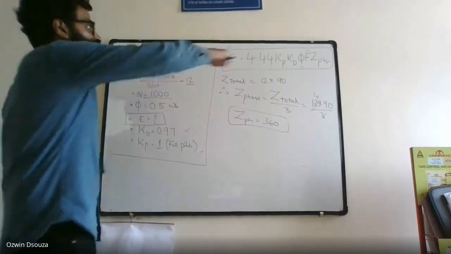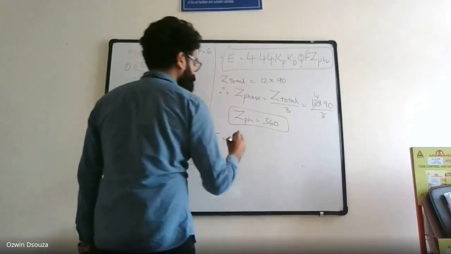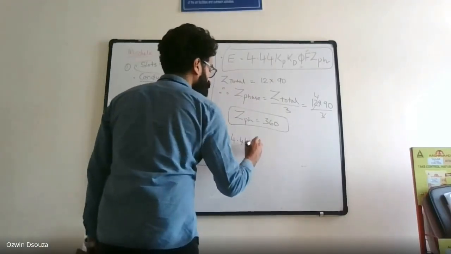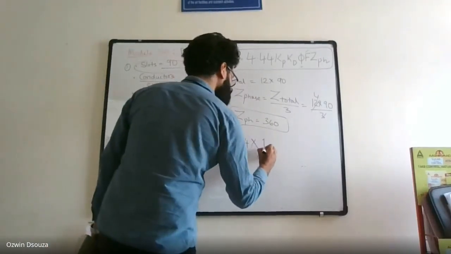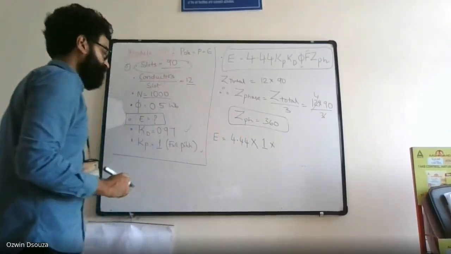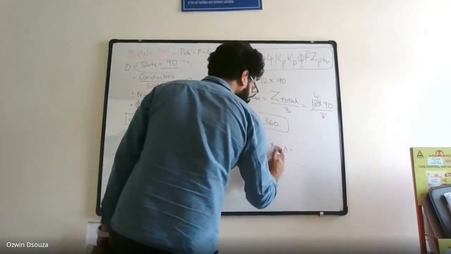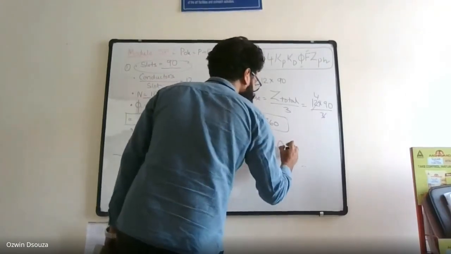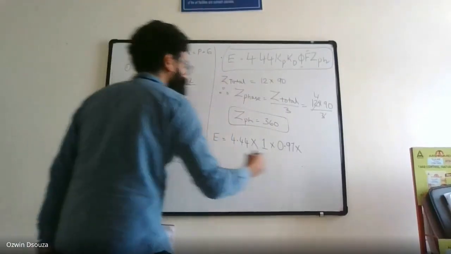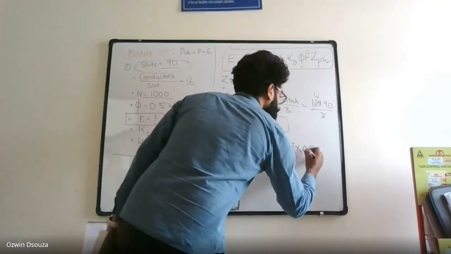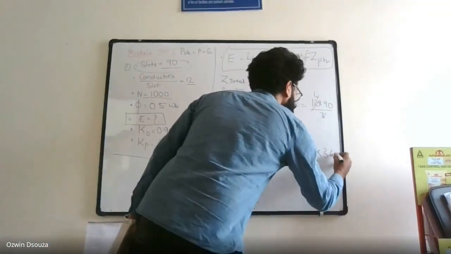Okay. So once you get Z phase, you can find the induced EMF. So E is equal to 4.44 into Kp. What is the value of Kp? It's a full pitched winding, hence Kp is 1. Kd, the winding factor, is given as 0.97, into the flux value 0.5, into Z phase, that is 360.